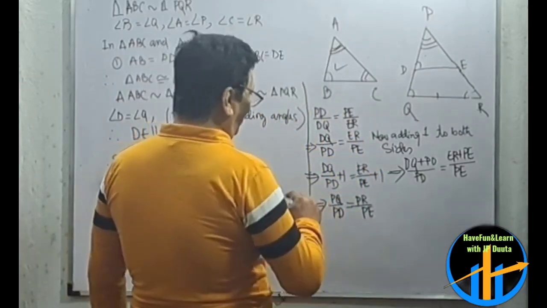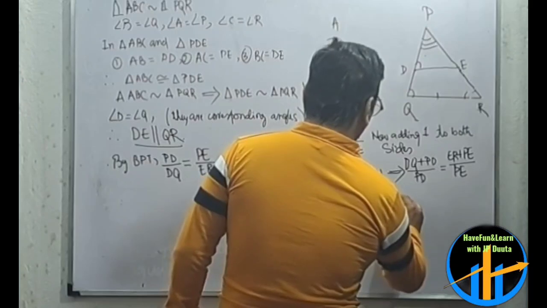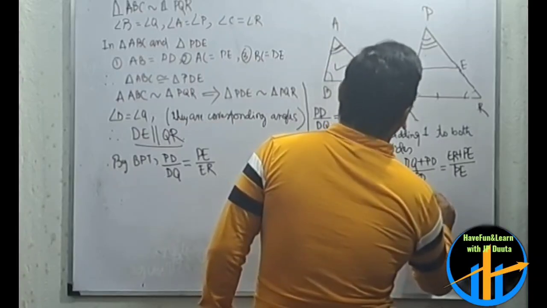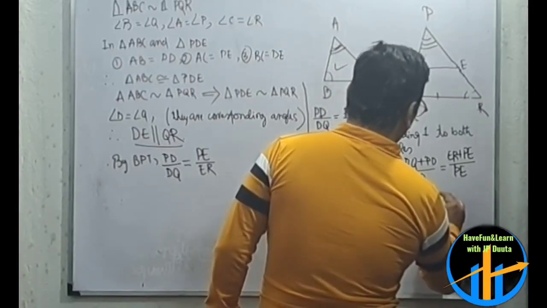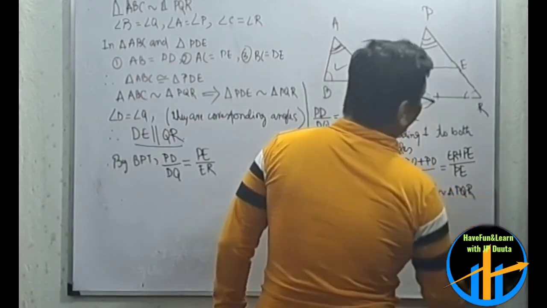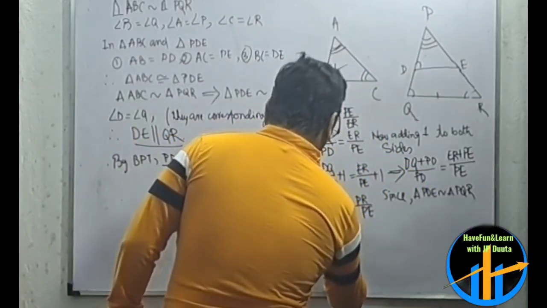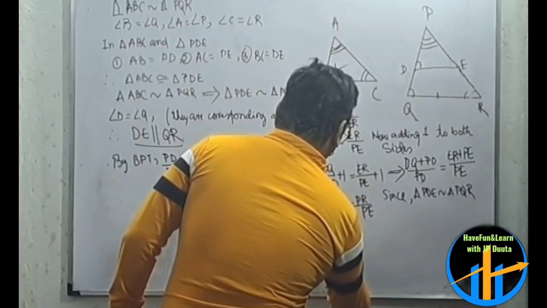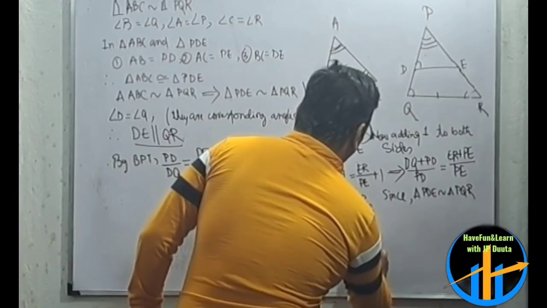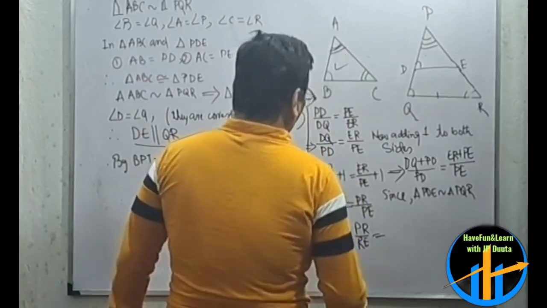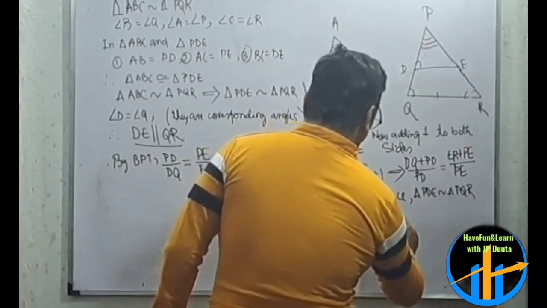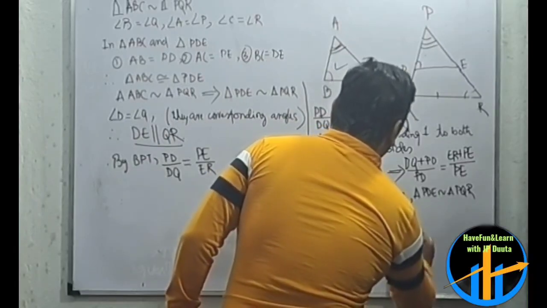Right? Now, since triangle PDE is similar to triangle PQR, then by property of similar triangles we can write PQ by PD is equal to PR by PE, that equals to QR by DE.